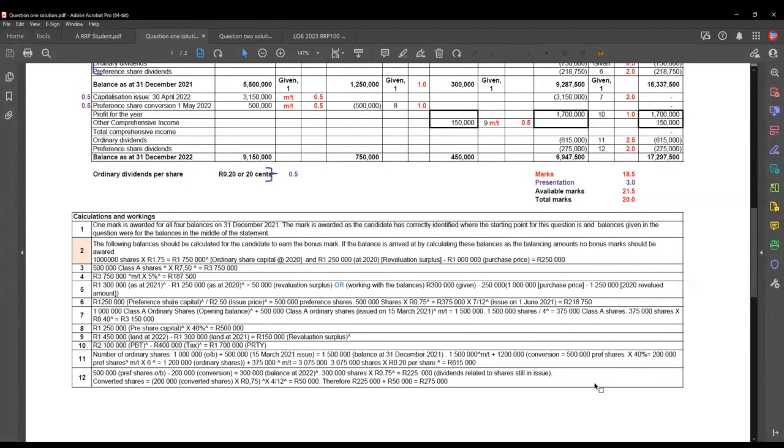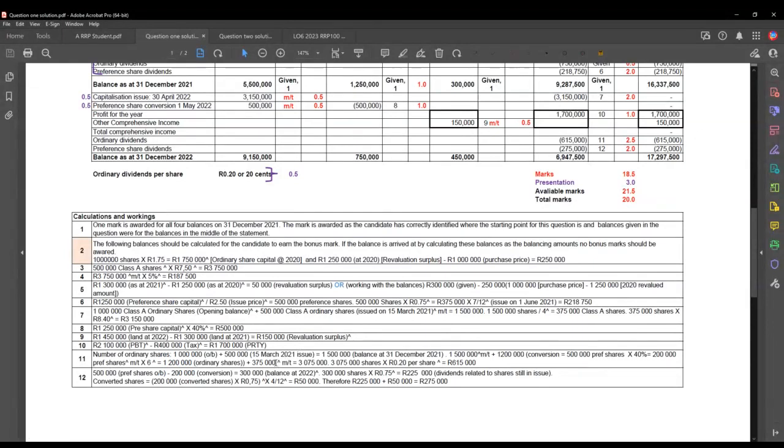We then need to multiply that by 40% because we were told 40% of these shares were converted. That would have given us 200,000 shares. And we then multiply those 200,000 shares by 6 shares because each preference share got 6 ordinary shares. That gives us an amount of 1.2 million shares, right? So in that case, you would have gotten 1 mark for determining 1.2 million shares.